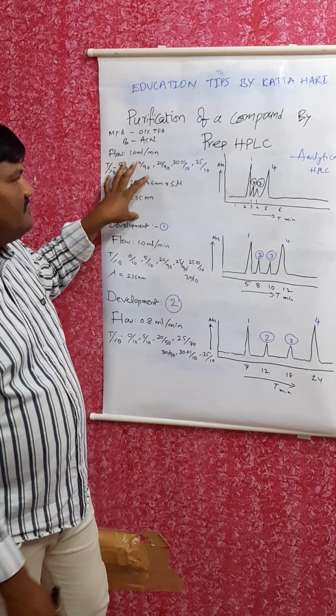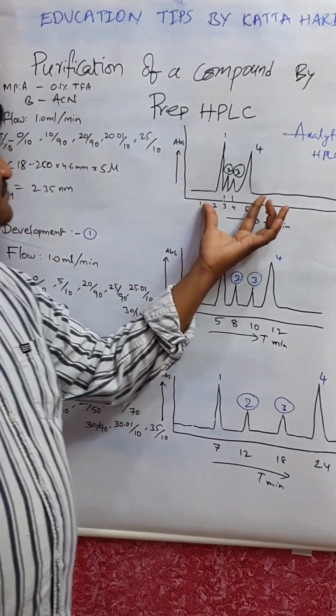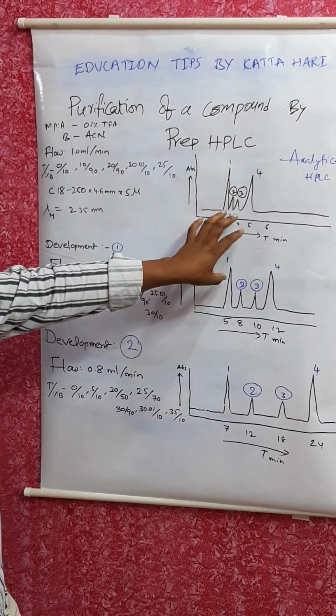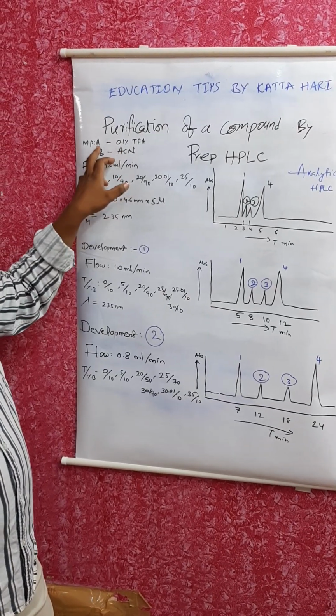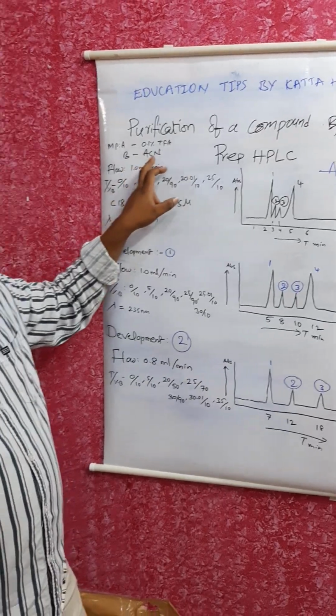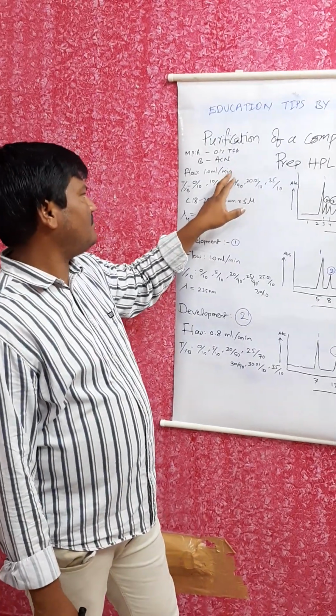This is the method which is used for the analytical HPLC. The mobile phase A is 0.1% TFA in water and B is acetonitrile, and the flow rate is 1.0 ml per minute.